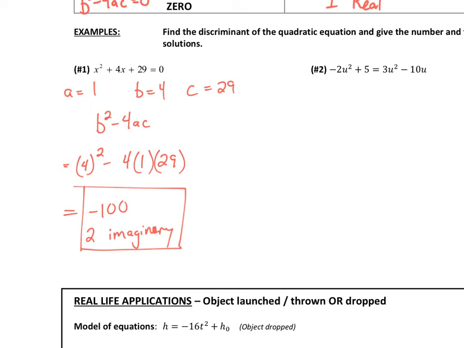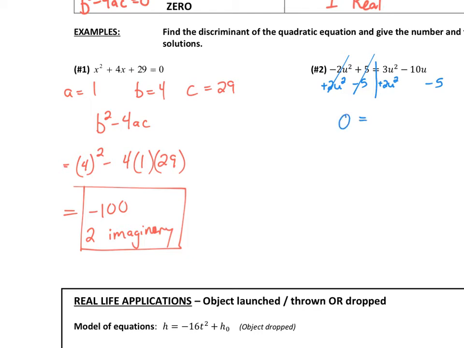In the second one, notice over here our equal sign in the middle. We have things on both sides of the equation, so we have to make this equal 0. So what I'm going to do is cancel out things on the left. I'm going to add 2u squared and subtract 5 from both sides. So it cancels.